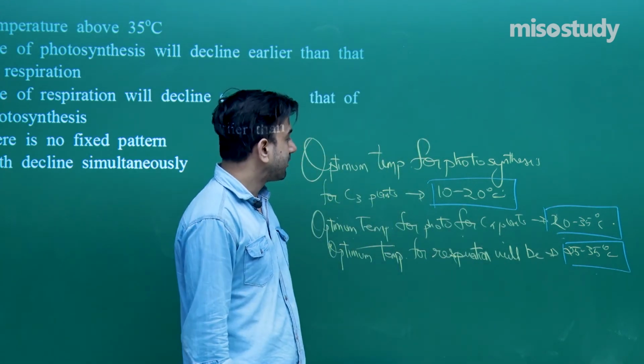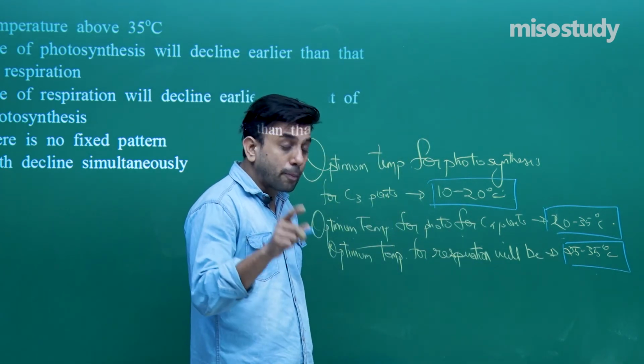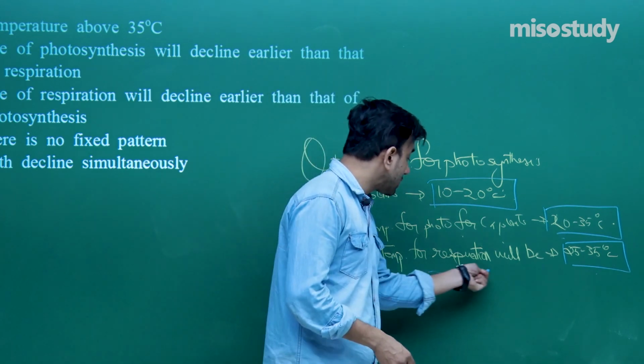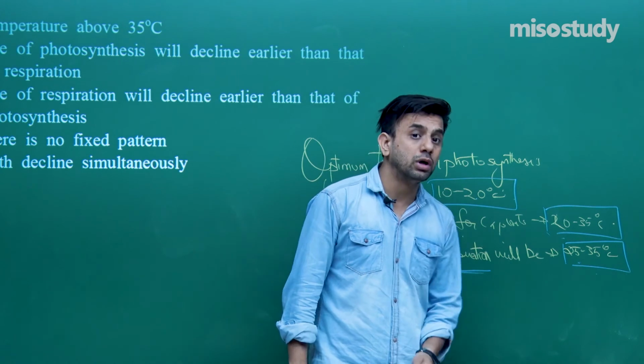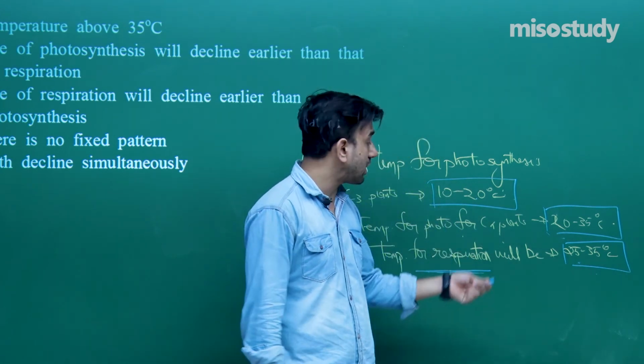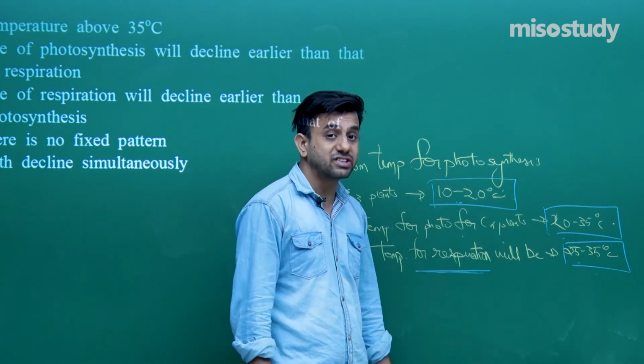So what do we see? The optimum temperature for respiration is more as compared to these two, and C3 plants are a major concern.